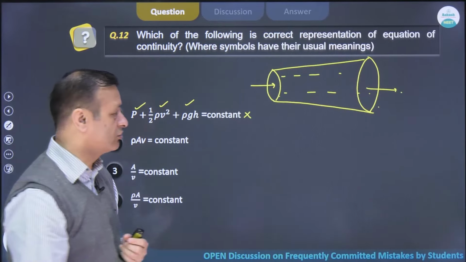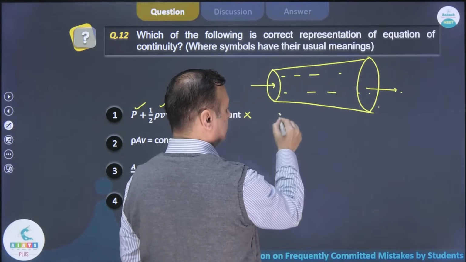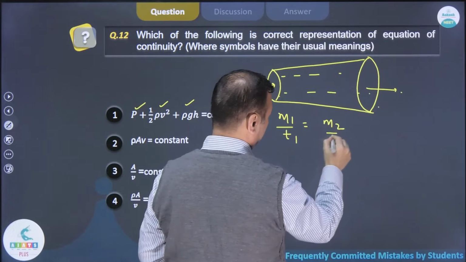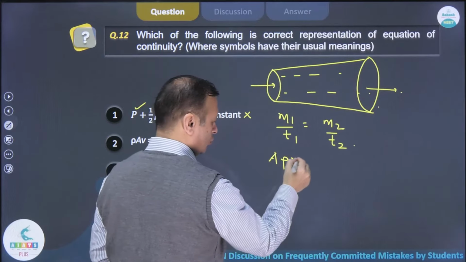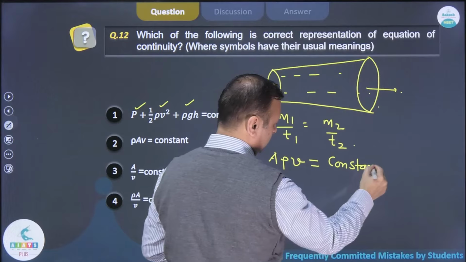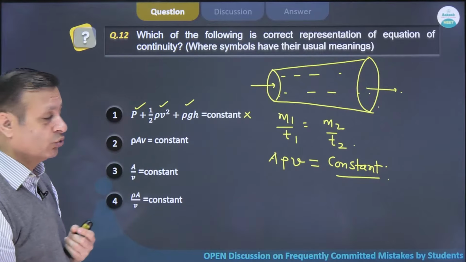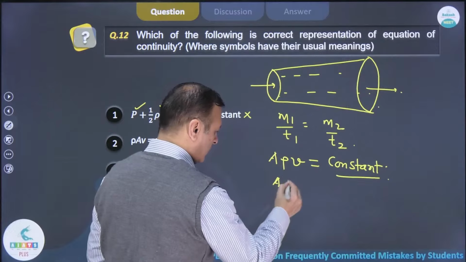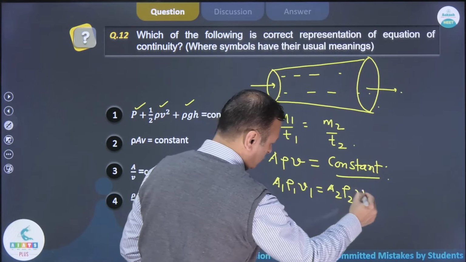So the rate remains constant, and this rate of flow of mass means m1 by t1 is m2 by t2, and that gives you the concept as A rho v. That remains constant, where A is the area of cross section, v is the speed with which it is entering, and rho is the density. If I put it like this, A1 rho 1 v1 is equal to A2 rho 2 v2.